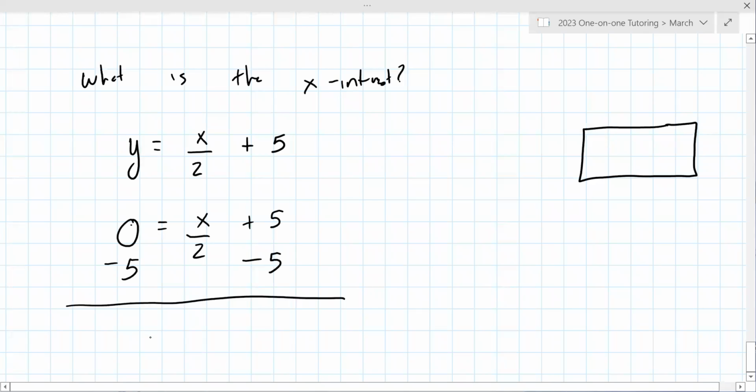What number do I put on the left side? It's not 0. It's -5 equals x divided by 2. Okay, now what did you do?